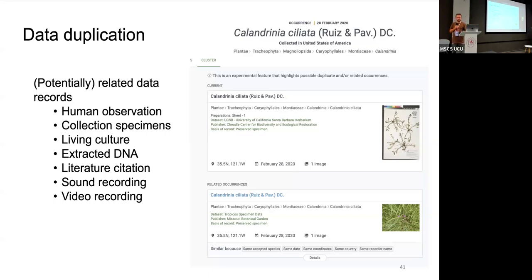Such data duplication artificially increases the amount of data without adding useful information. So finding links between different pieces of information about a single species occurrence, a single taxonomic treatment, a single real event in life, is a huge informatics problem.